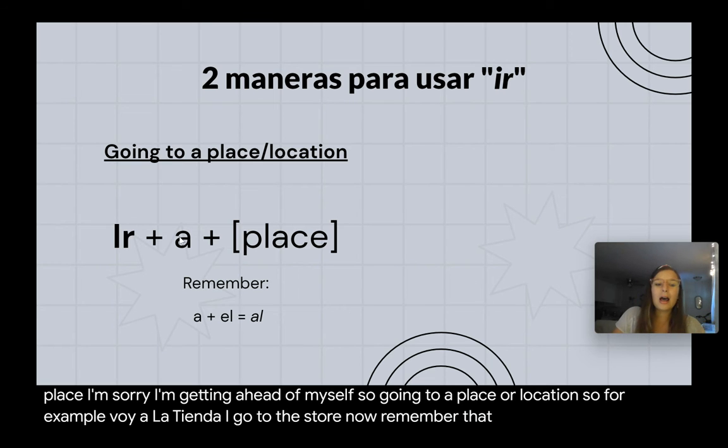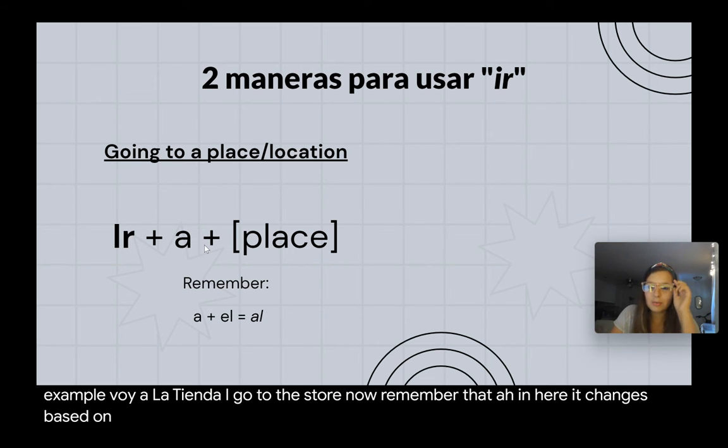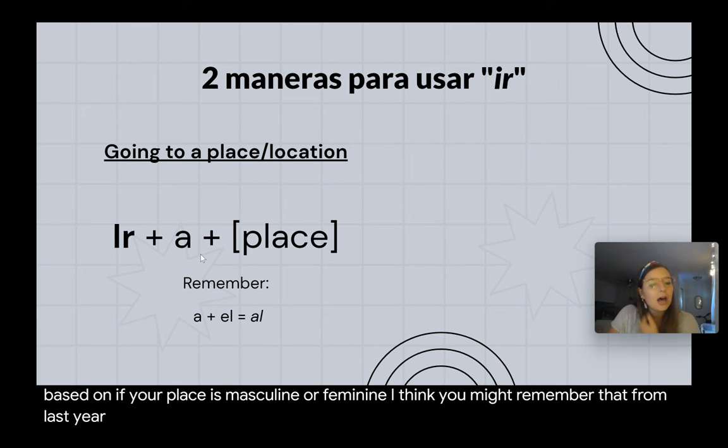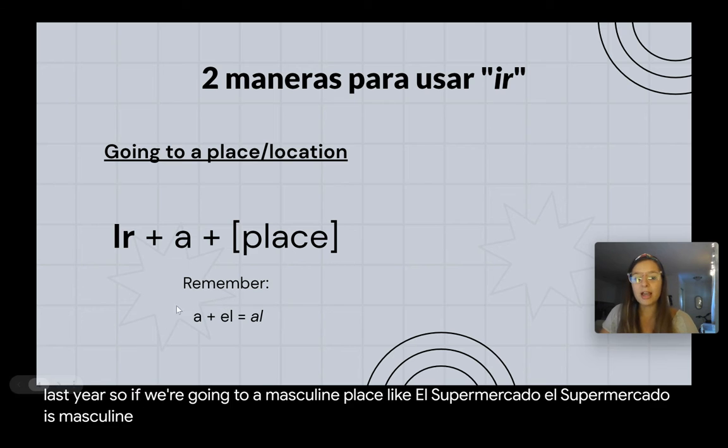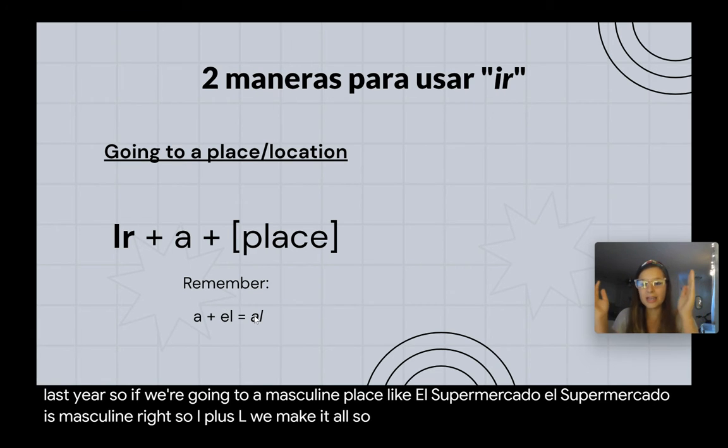Now remember that a in here, it changes based on if your place is masculine or feminine. I think you might remember that from last year. So if we're going to a masculine place like el supermercado, it is masculine, right? So a plus el, we make it al. So they get squished together.